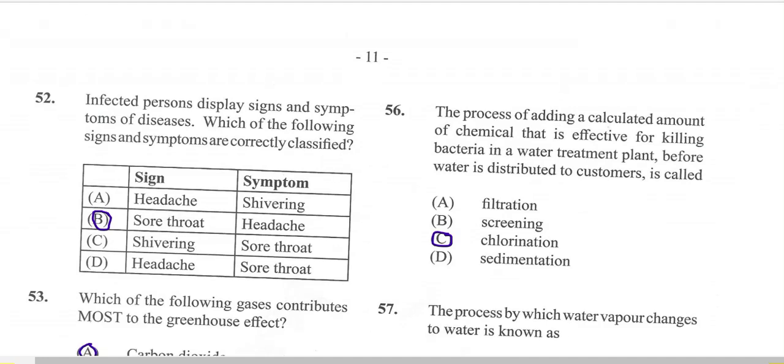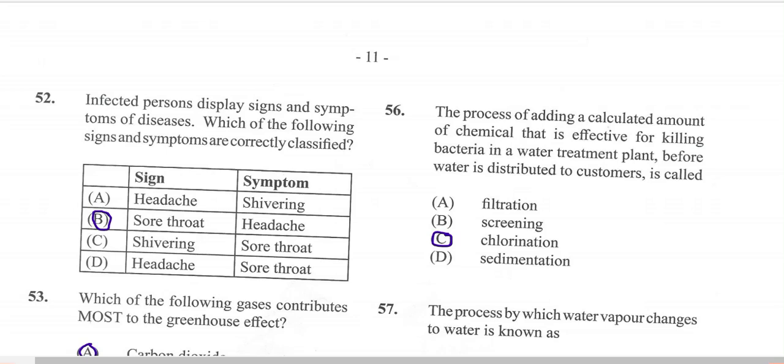Infected person displays signs and symptoms of disease. Which of the following sign and symptom are correctly classified? All right. So we just explain the difference between signs and symptom.